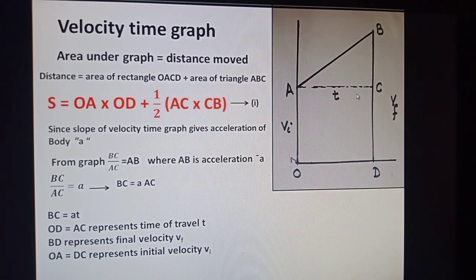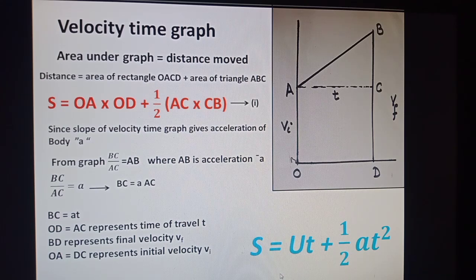Both are the same, and they represent the time of travel, or the time in which the velocity changes from value A to B. Similarly, BD represents the final velocity and DC represents the initial velocity of the body. So, inserting all these values in this equation that we labeled as equation number 1, we get the standard form of the second equation of motion.